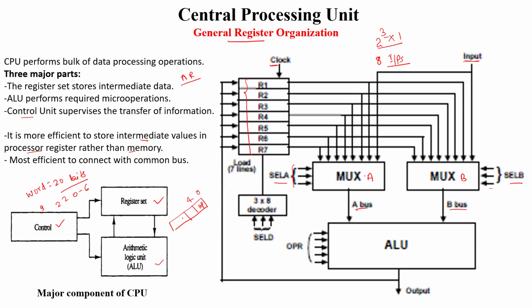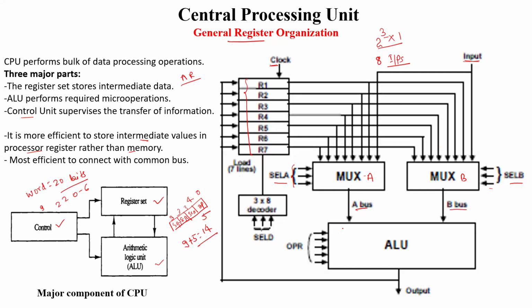Next 3 bits are given for the selection line A, next for the selection line B, and next for the selection line D. So how many in total do we have now? 9 plus 5, 14: here 3, here 3, here 3, and for the operation we have 5. So a total of 9 plus 5, that is a 14-bit register is taken. Here it means the word size is 14 bits. We'll see that again in detail.